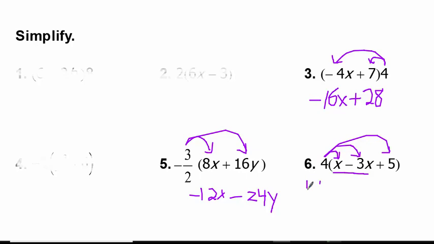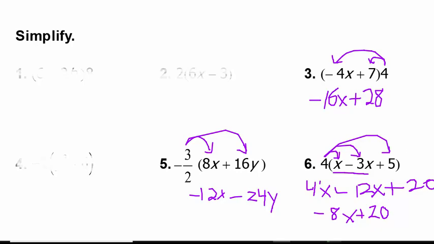In this case, I'm going to show you that it's 4x minus 12x plus 20, and my last step would be combine like terms. These two end up giving me negative 8x plus 20. All of them are just little things that we have to watch for in distributive property.